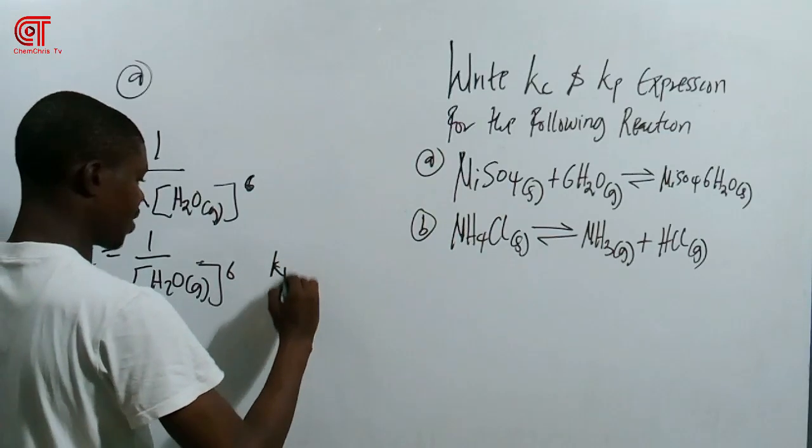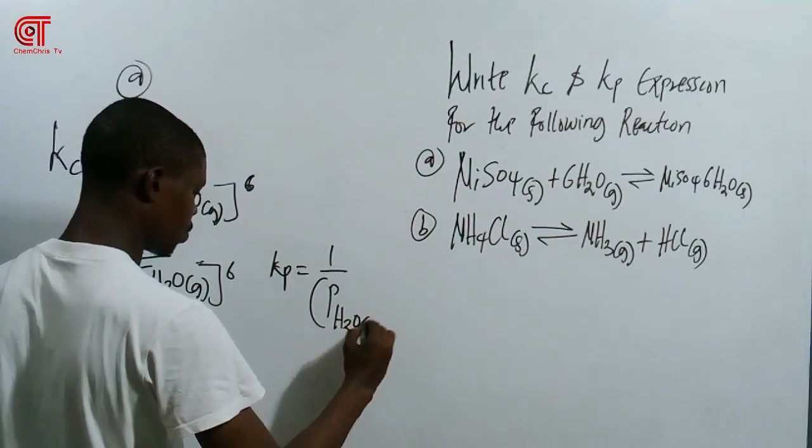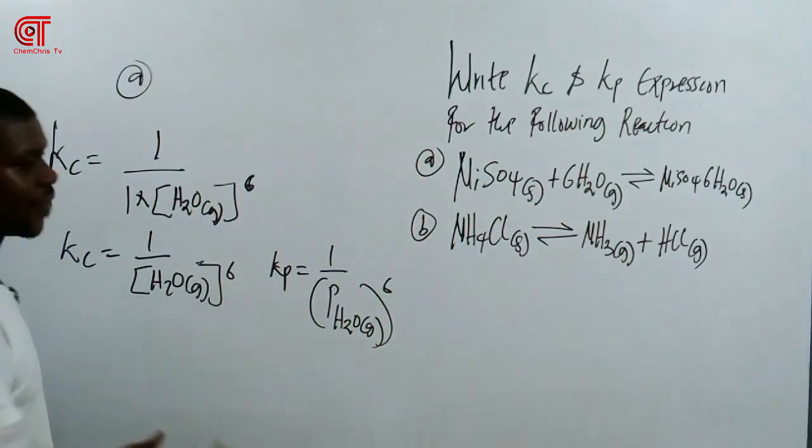What about the Kp? Kp is simply 1 over the partial pressure of H2O to the power 6. So that is it. It's very easy, right?